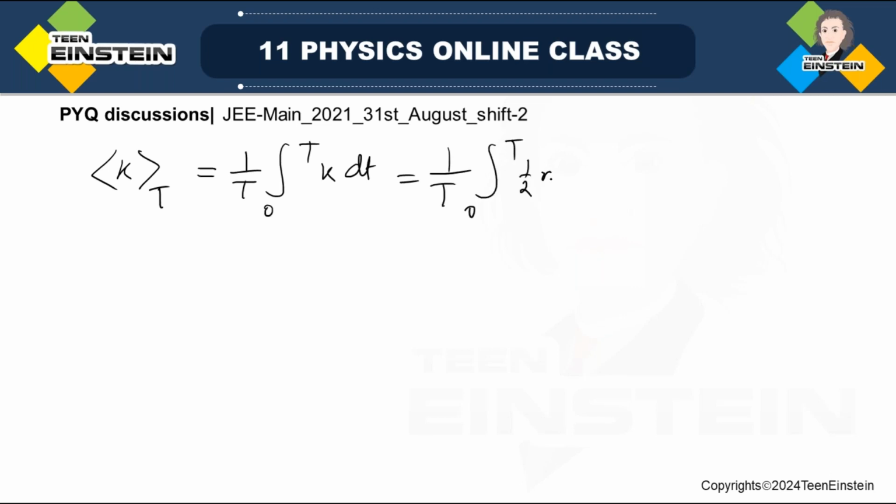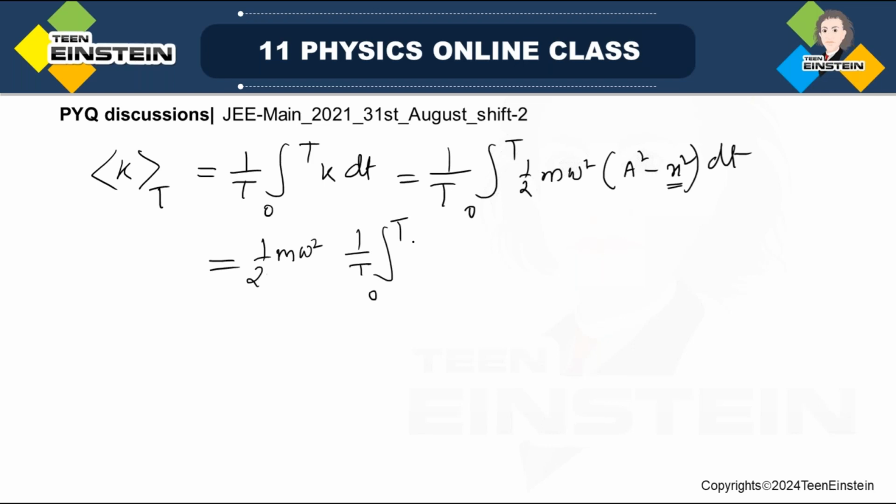K is half m omega square times a square minus x square, dt. With x equal to a sine omega t, we get 1 over T, and I'll keep this term outside: half m omega square, integration 0 to T, a square minus a square sine square omega t, dt.